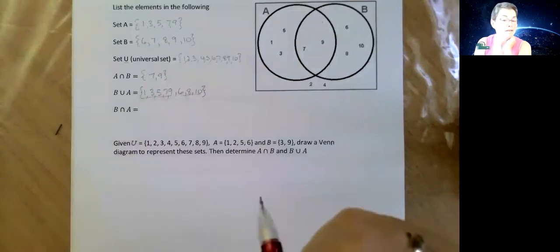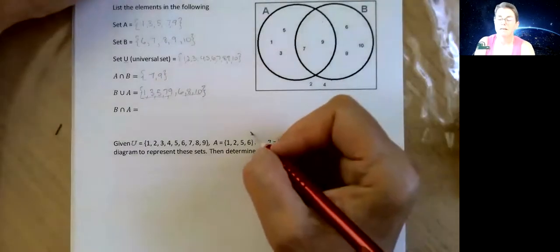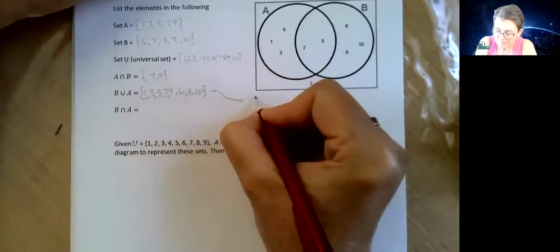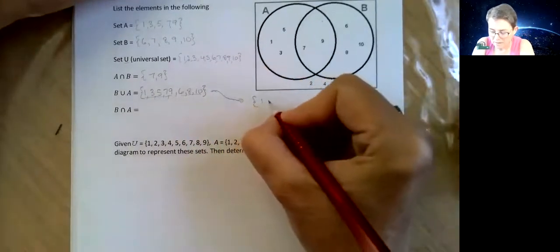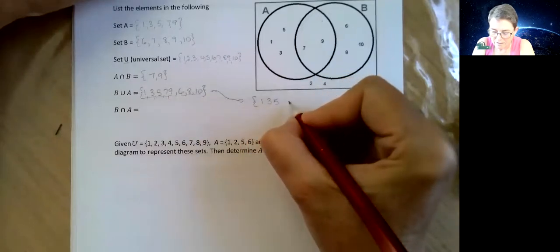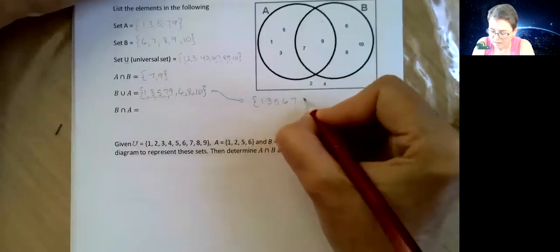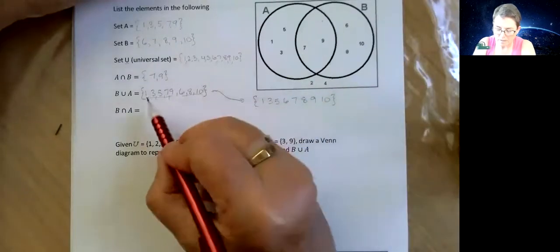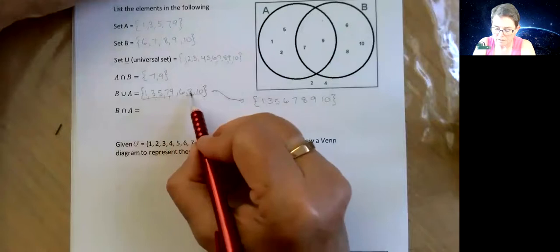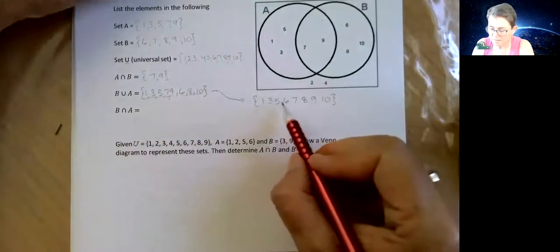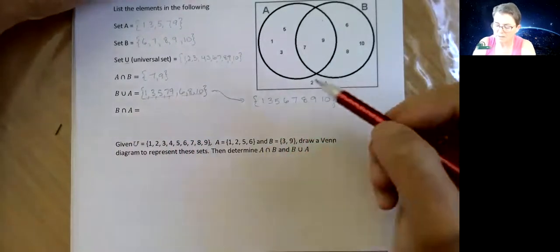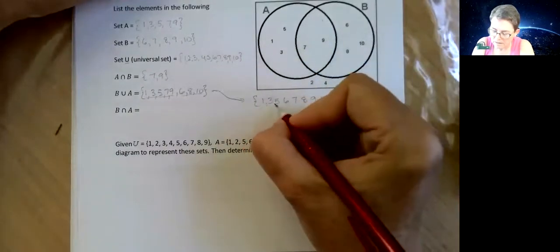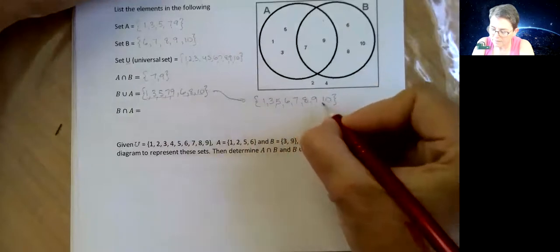Either way, you're going to get that. 1, 3, 5, 6, 7, 8, 9, 10. That's eight elements. I'm so paranoid today. There we go. Count.